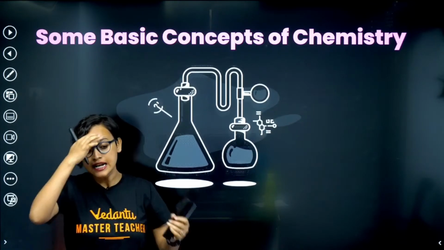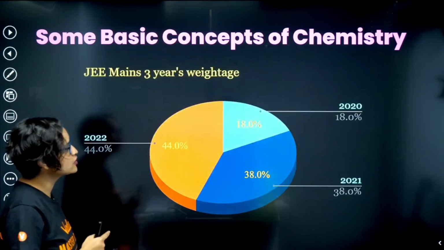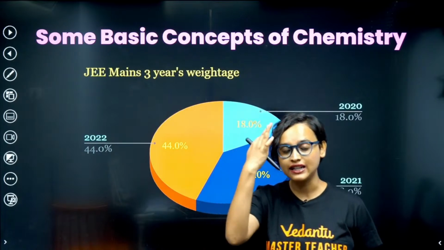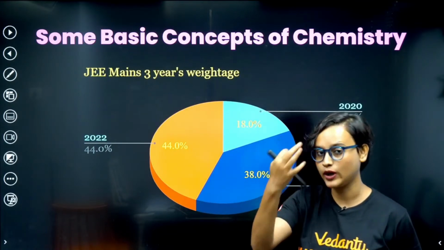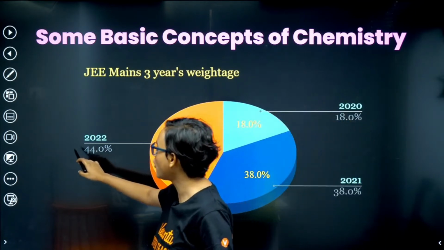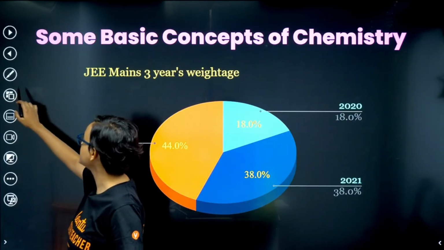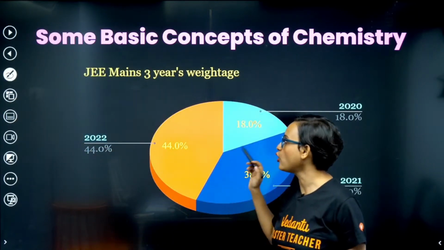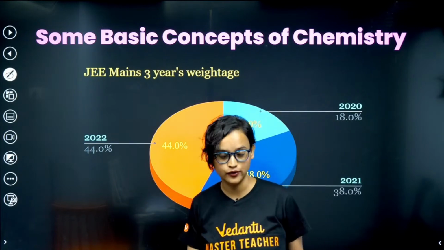These are the plans. Now, coming to why we should read this chapter. That's because, let me show you the last 3 years JEE Mains weightage here. In 2022, we saw that 44% of the questions had come from this chapter.